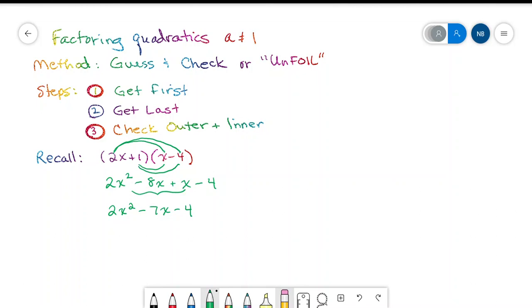Now notice you can easily see the first product, 2x squared, as 2x times x. You can also see the last product as 1 times negative 4.